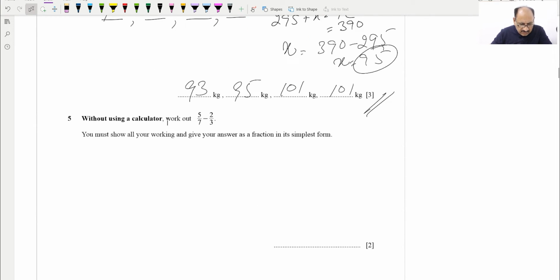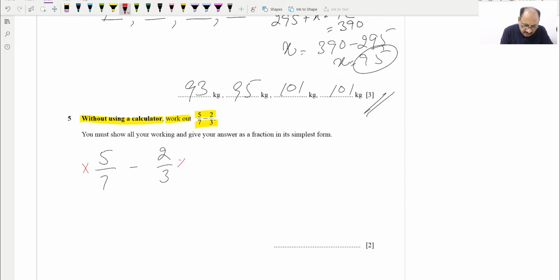Now for question number 5, they are saying without using a calculator, work out this one. We are not supposed to use a calculator, so 5 over 7 minus 2 by 3, equalizing the denominator. The denominators are 7 and 3, we need to equalize them.